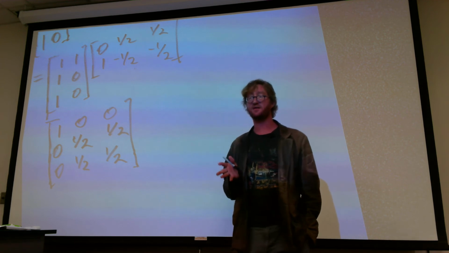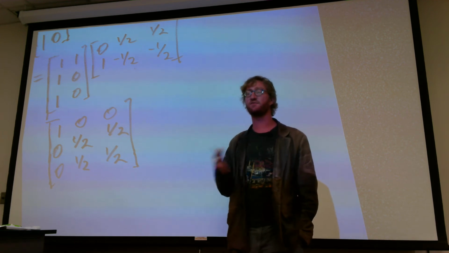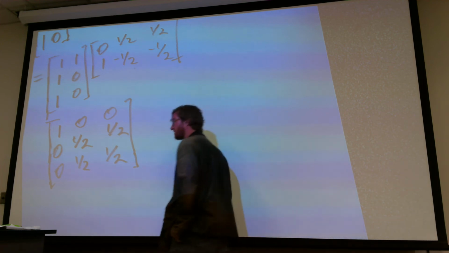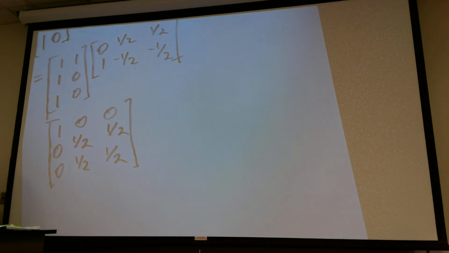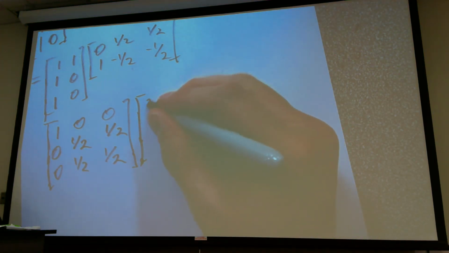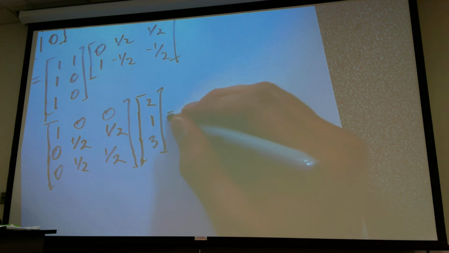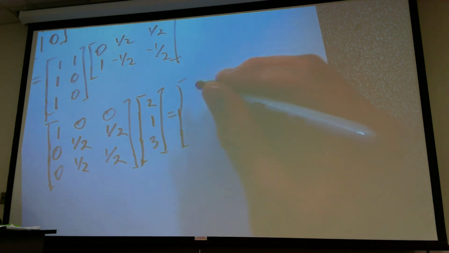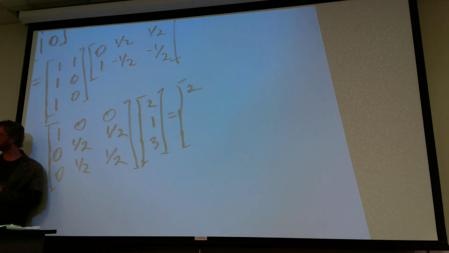Because the problem said that we need to have this matrix project another vector onto that plane. This is part of the problem a lot of people have a tendency to forget. And so, let's have that matrix act upon 2, 1, and 3. Okay, 1, 0, 0, that's pretty straightforward. It's just a 2.